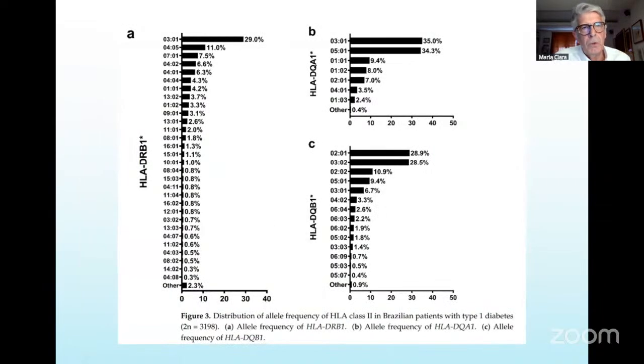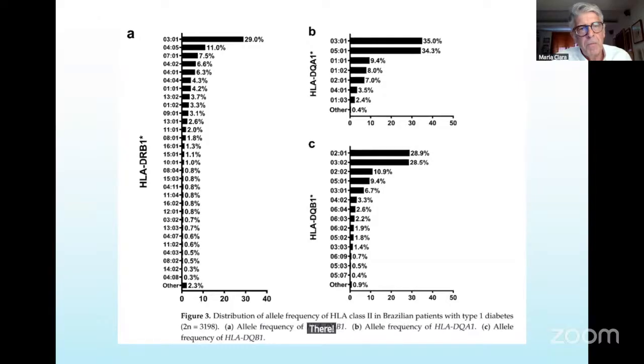And not surprisingly, they are reflected in the very large number of alleles that we have detected. Of course, there is a bias, that it is a disease cohort. So DRB1*03:01 is very important, as we expected.